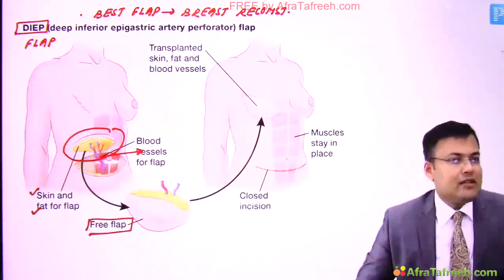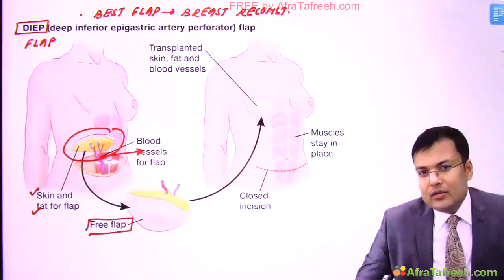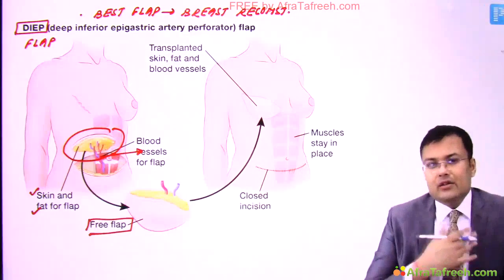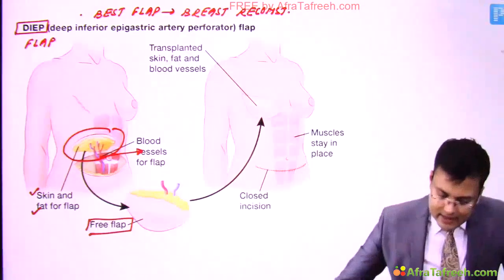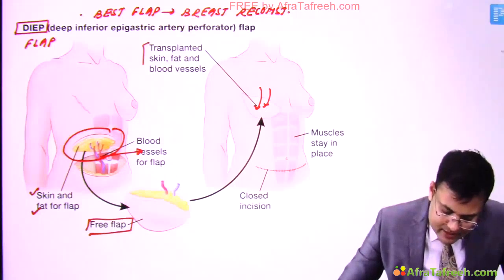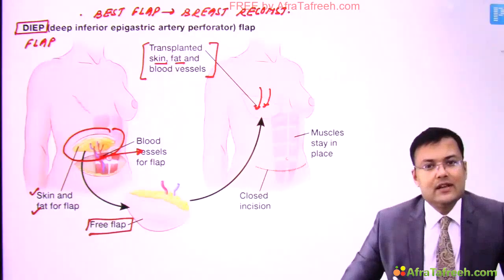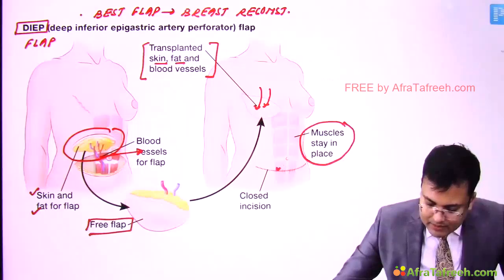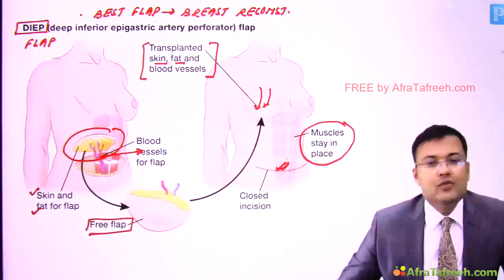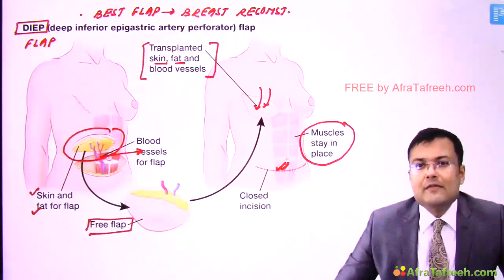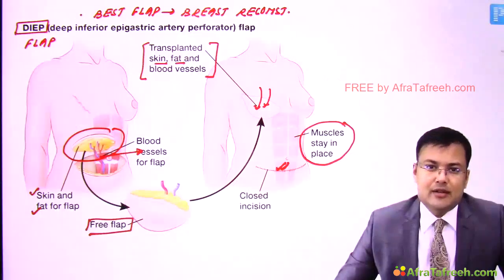So it is devascularized at donor site, revascularized at recipient bed. So you notice that there is only skin and fat with blood vessels. So the muscle is spared, and since the muscle is spared, there is no weakness, no hernia. So DIEP flap is the best flap for breast reconstruction.